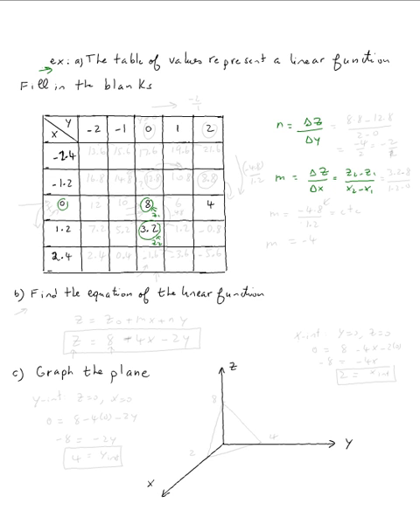So 3.2 minus 8 over 1.2 minus 0. So m, which is constant, 3.2 minus 8 will be -4.8 over 1.2 minus 0, which is 1.2.